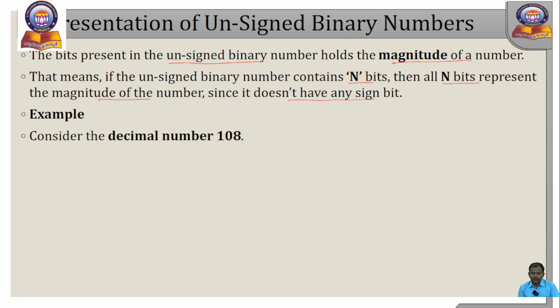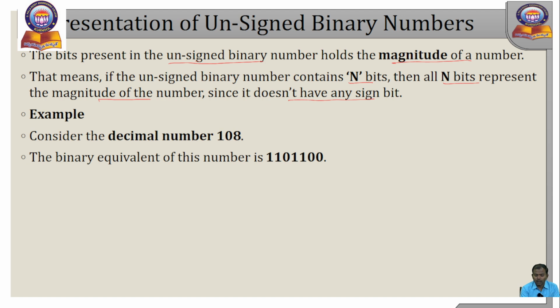For example, if I consider the decimal number 108 and represent it as an unsigned binary number, first I need to convert it into the equivalent binary. The equivalent binary of 108 is 1101100.